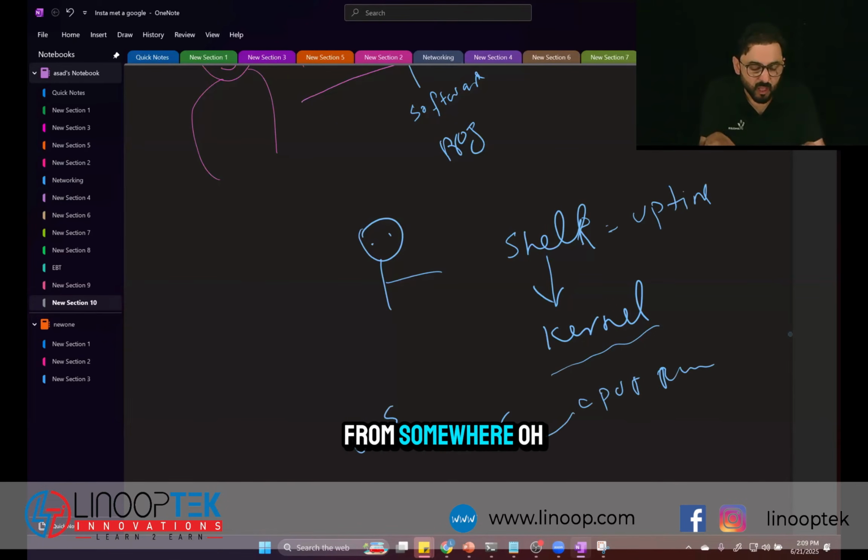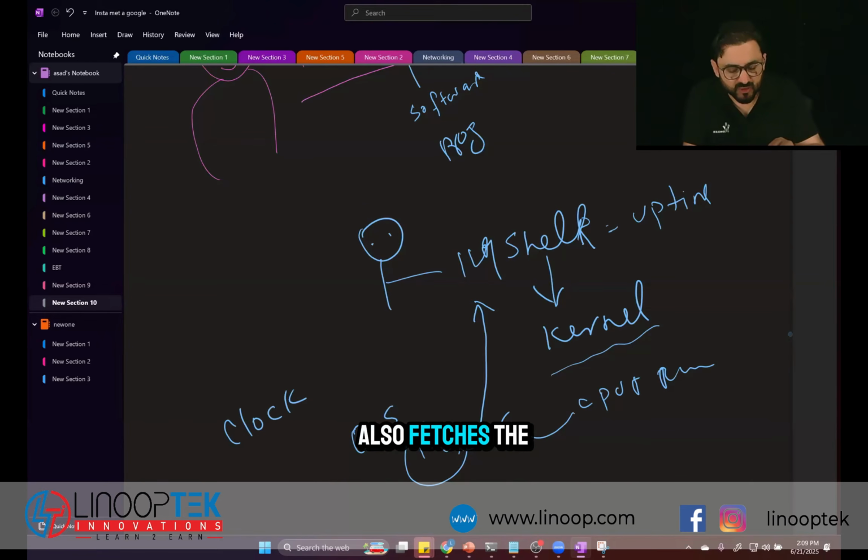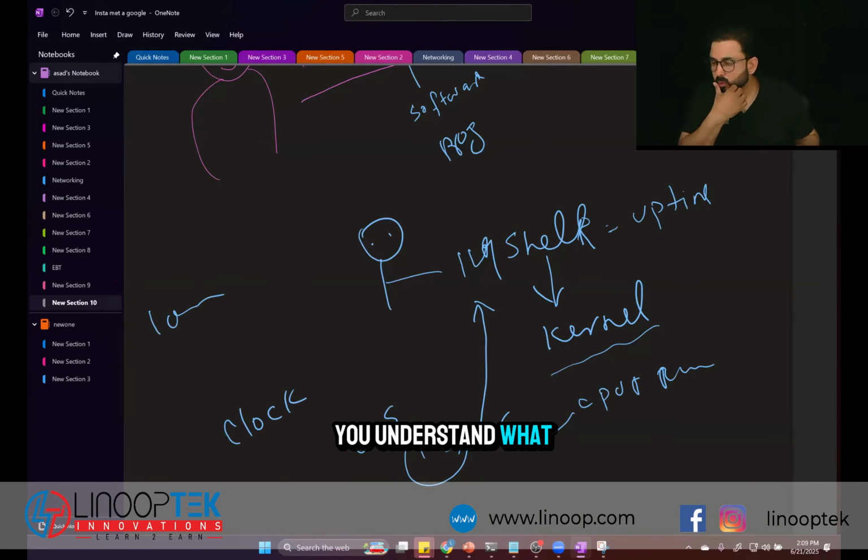Oh, okay, I see 149 people logged in. And then the kernel goes back to the shell and says 149. And then it also fetches the information from the clock. It says, by the way, the time is this. And then it also gives you some load averages. You understand what this means.